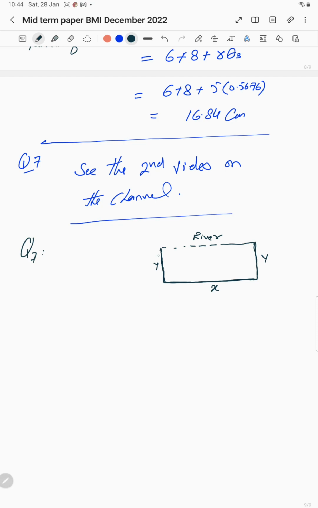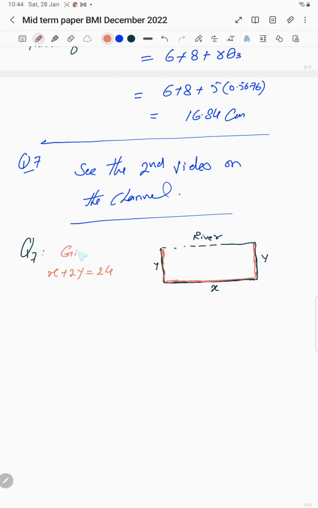It means the perimeter of the wire, starting from here to this to this, is how much? 24 centimeters. Means perimeter of this. So in short, I can say that x plus 2y equals 24 centimeter.